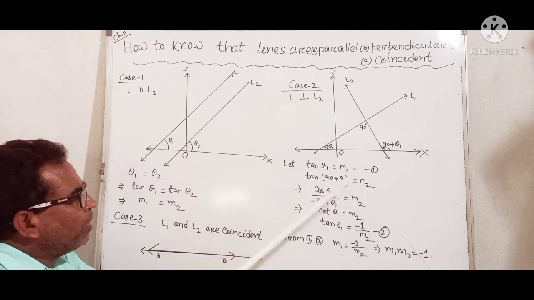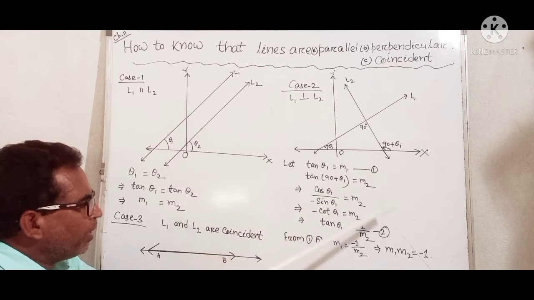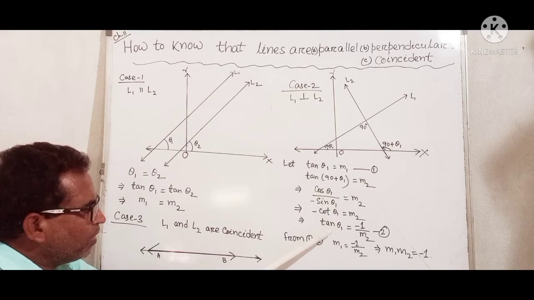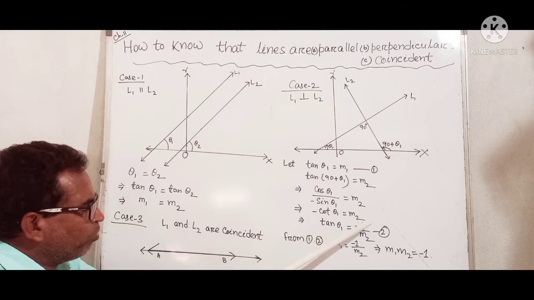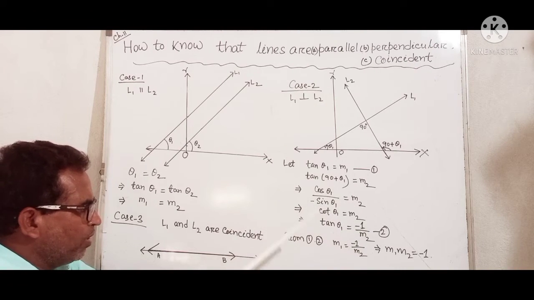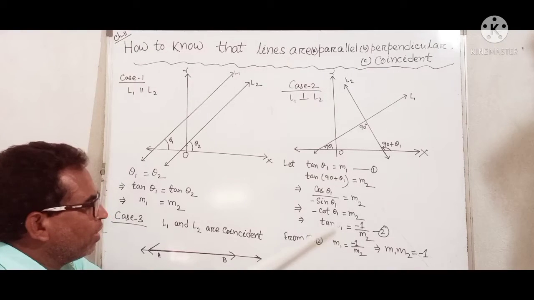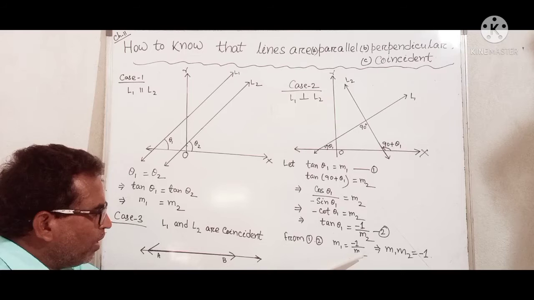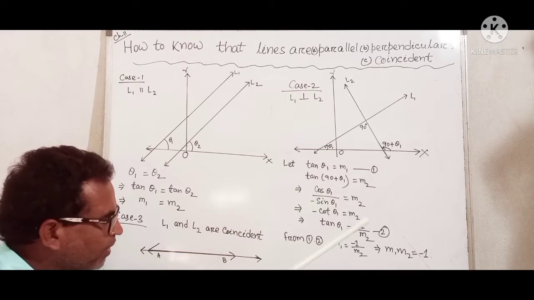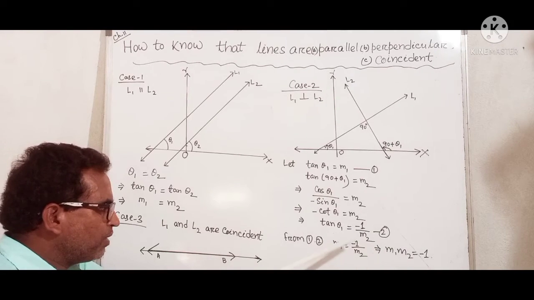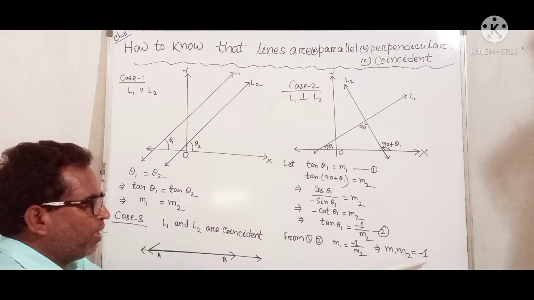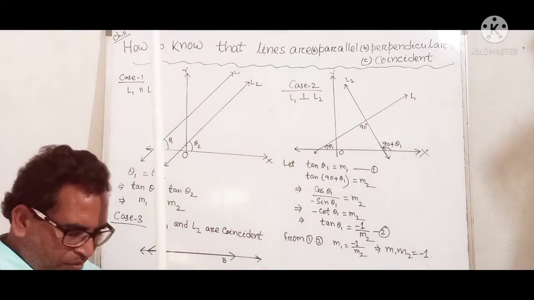So from 1 and 2, tan theta 1 is m1, and tan theta 1 is equal to minus 1 by m2. That means m1 is equal to minus 1 by m2, which implies m1 into m2 is equal to minus 1.